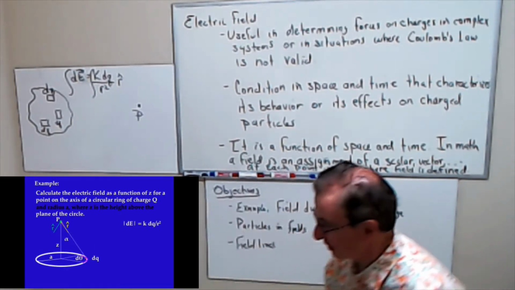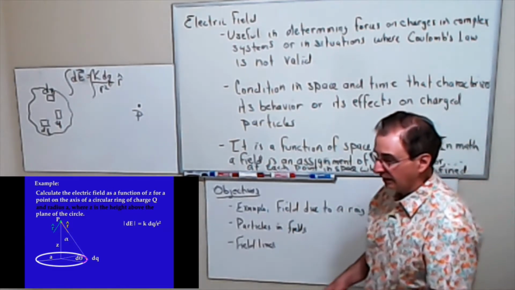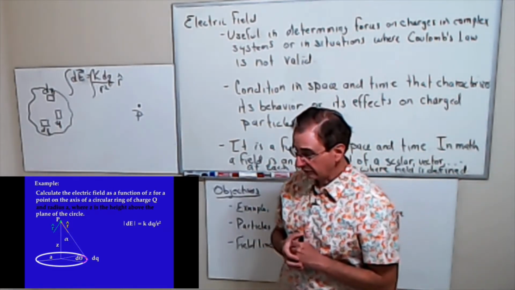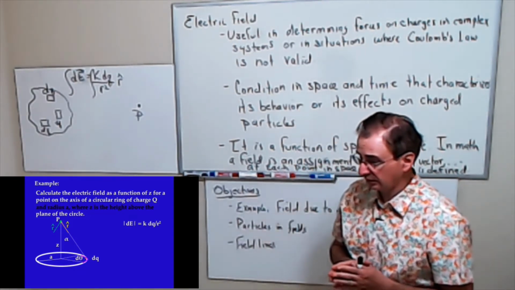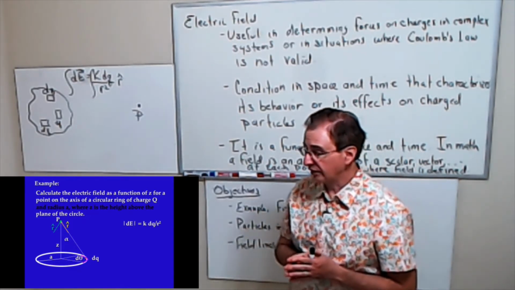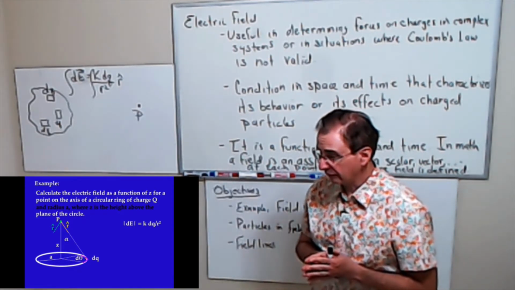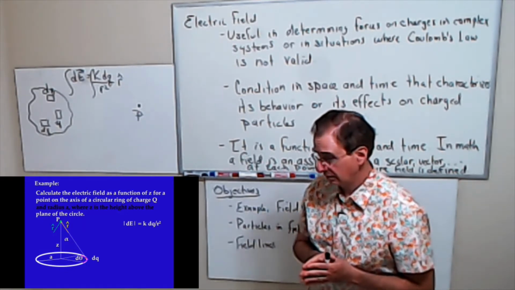That PowerPoint's acting weird. I want to calculate the electric field due to a ring of charge where the charge is uniformly distributed around the ring, but I want to find a field at a point P above the plane of the ring and along the axis of the ring.